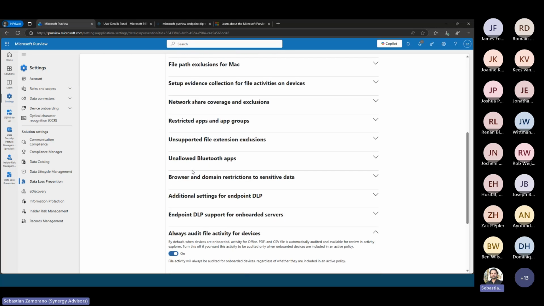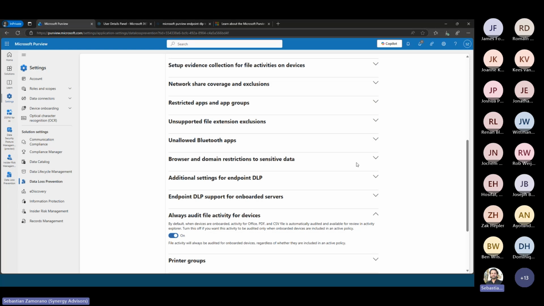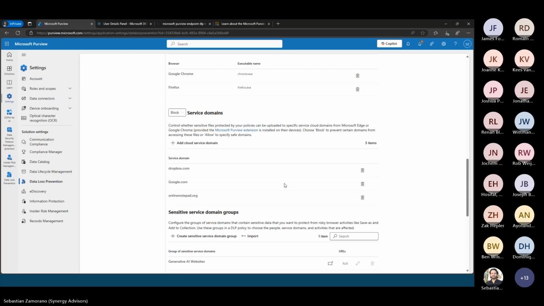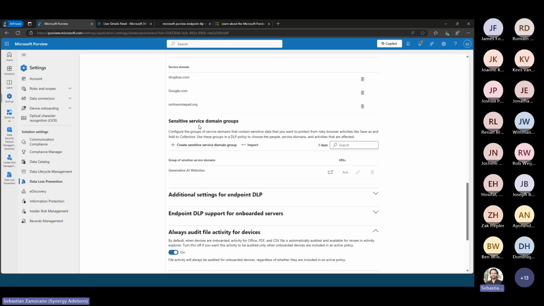And the other one is here under browser and domain restrictions. Sensitive service domain groups.